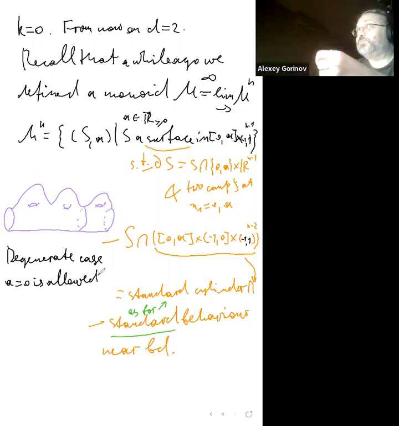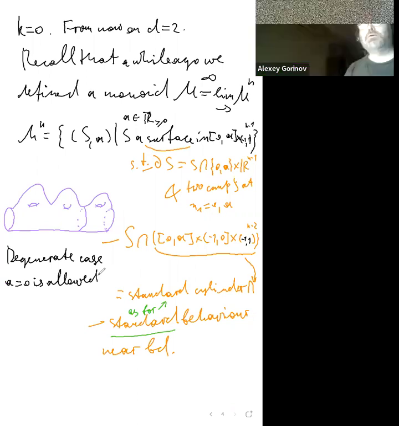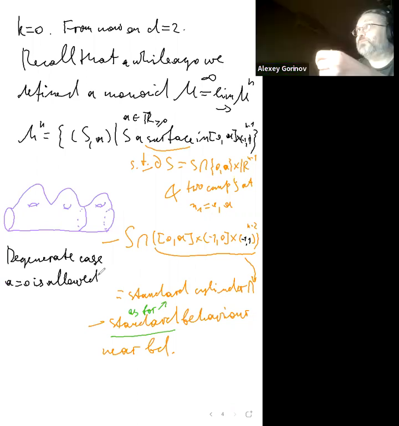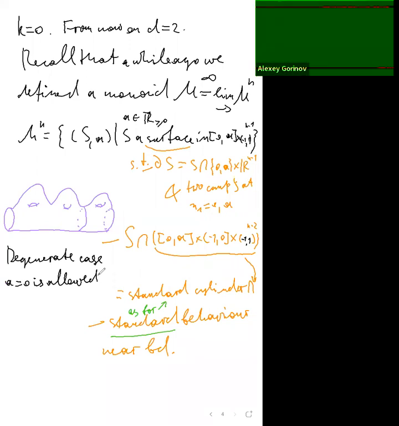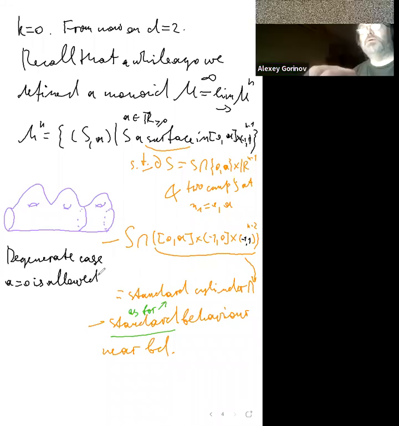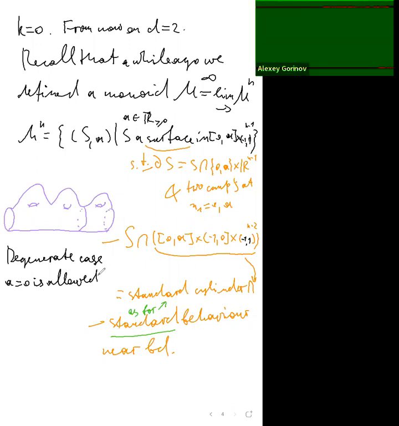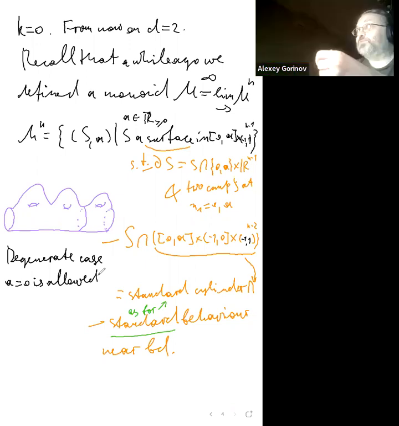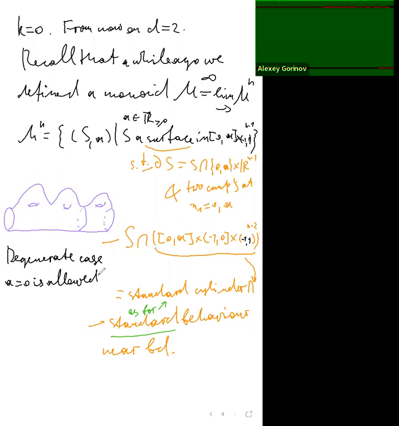Well, the degenerate case A equals 0 is allowed, in which case we have a circle instead of the surface, and the circle will be the identity of the monoid. Okay, does this picture and the explanation make any sense?